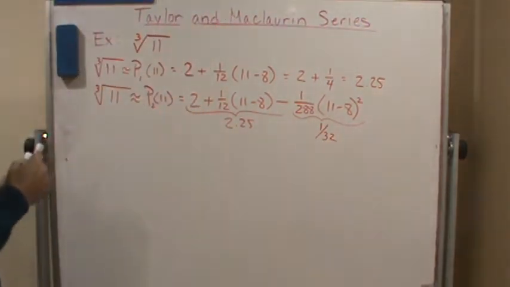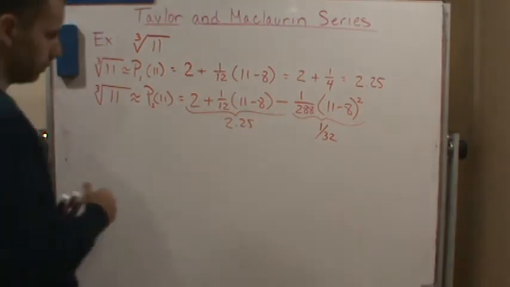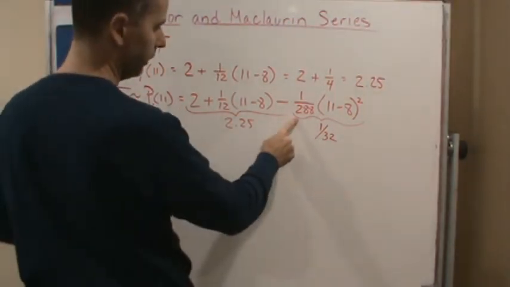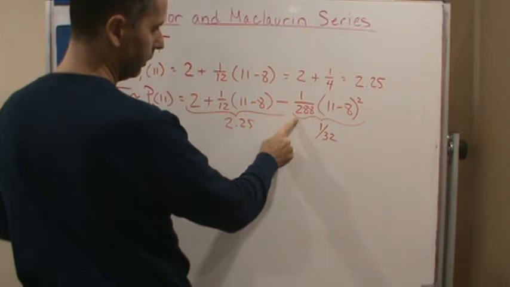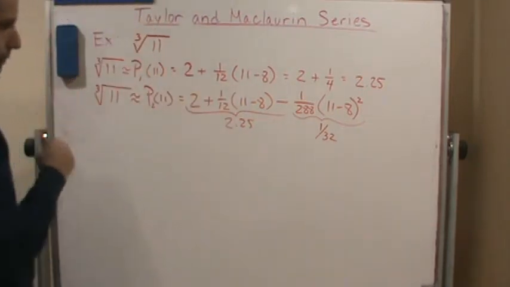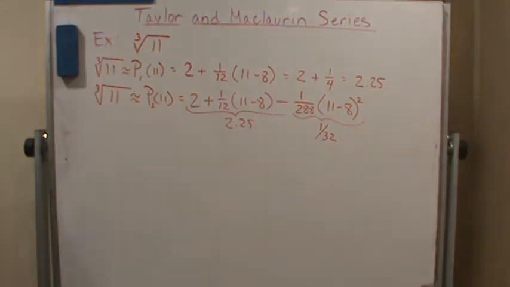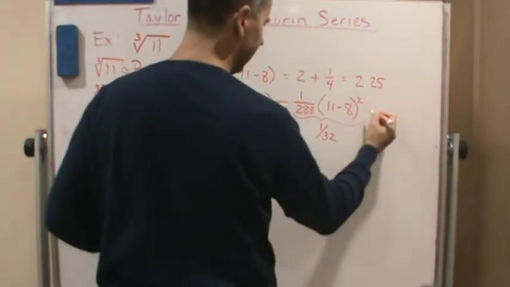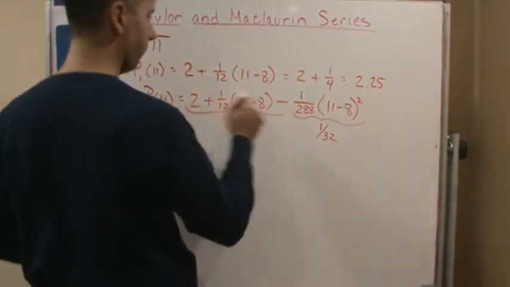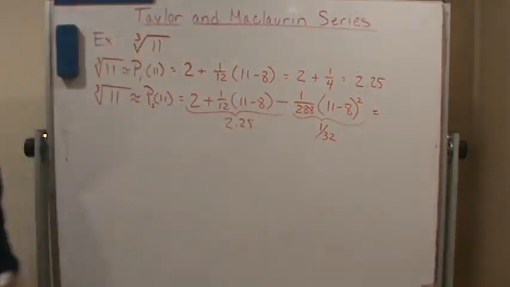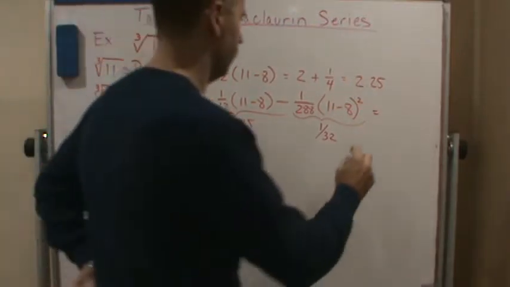Yeah, that's 32, so 1/32. So we subtract those, and we get 2.21875.